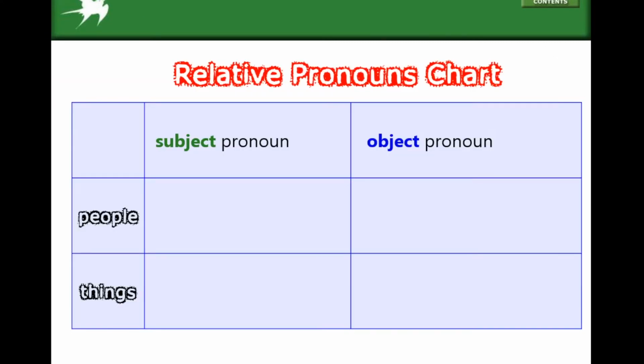Next, the third round is a little bit more challenging. You are given time to sort out the grammar point that you've learned, and you need to complete this chart.